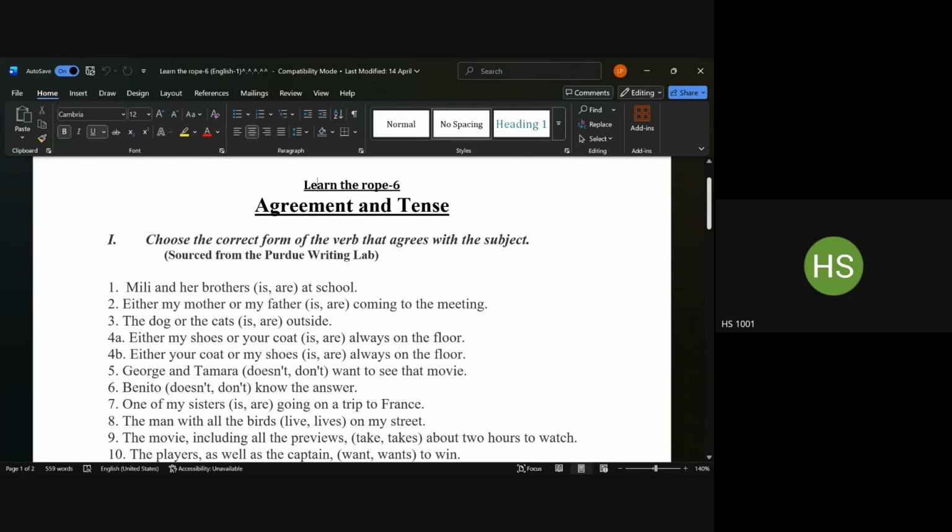Now, what is this agreement? Essentially, this is about how the subject and verb of a given sentence behave in form, right? So when it's given in a sentence, you need to look at how the subject or the verb behaves.